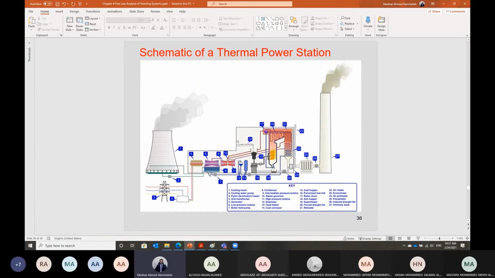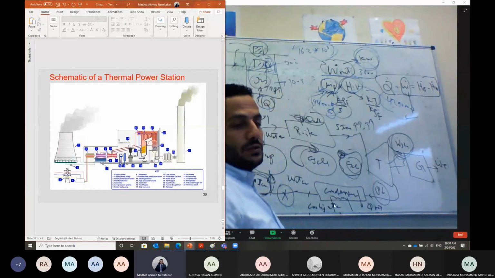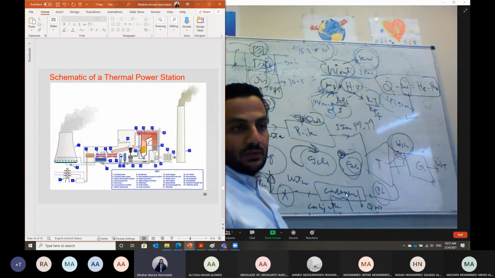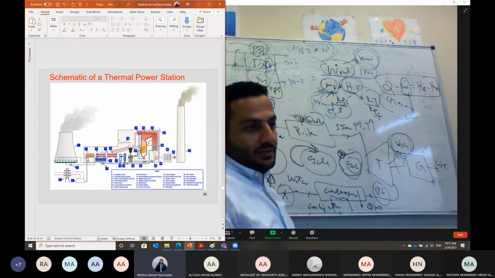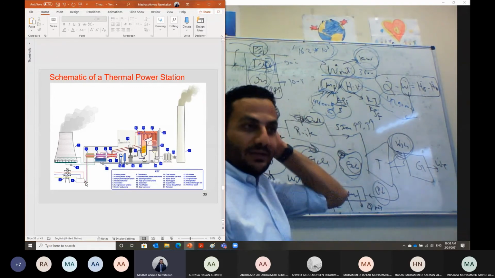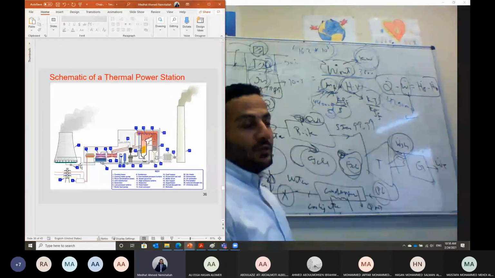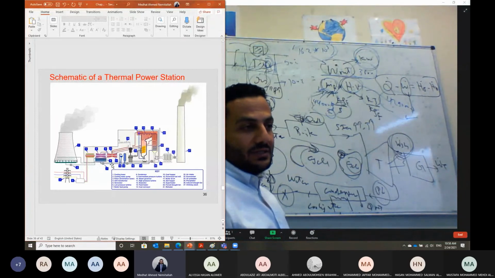For the condenser, as I told you, we just use cooling water to cool down the water that is flowing inside the circuit. This cooling water usually comes from a river or something similar. If we don't have a river, or if we have a problem with flooding water, then in this case we can use an outside cooling water circuit.